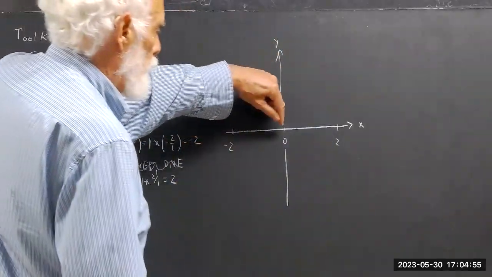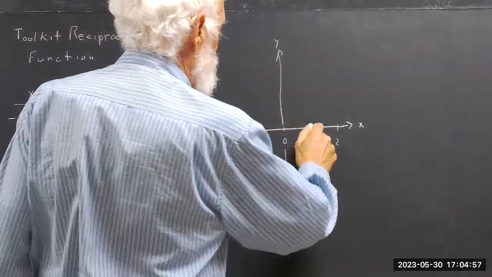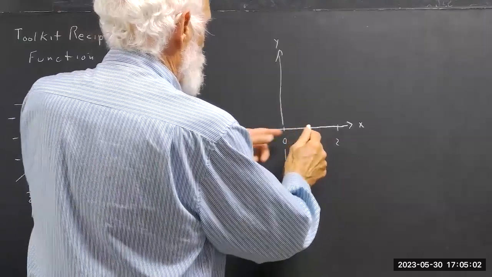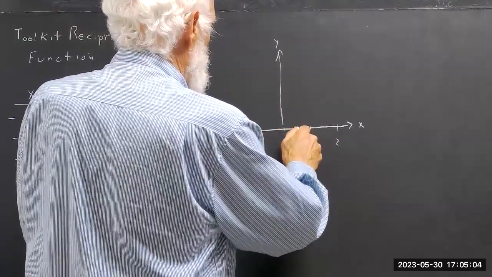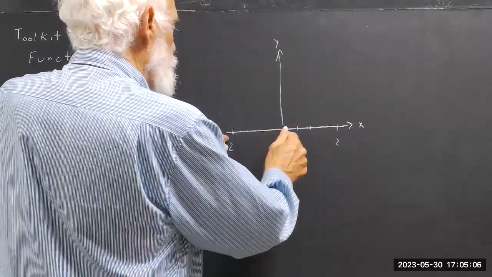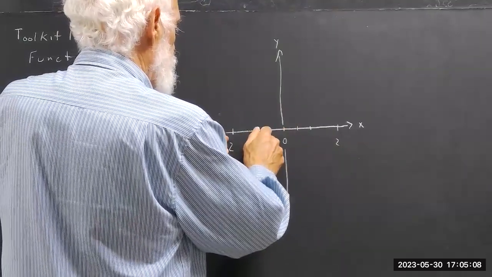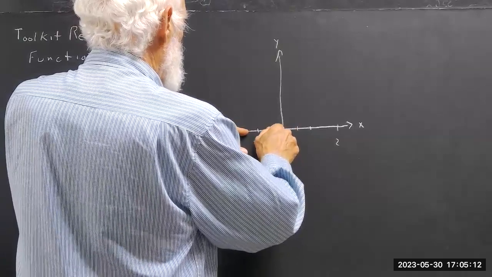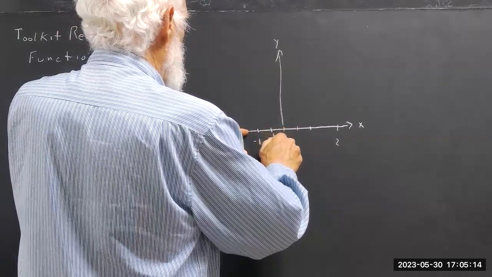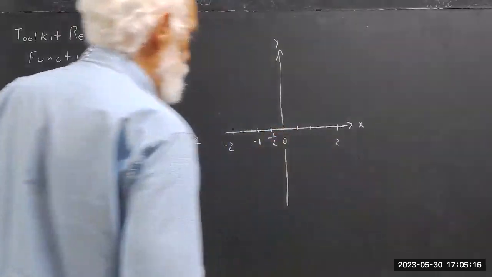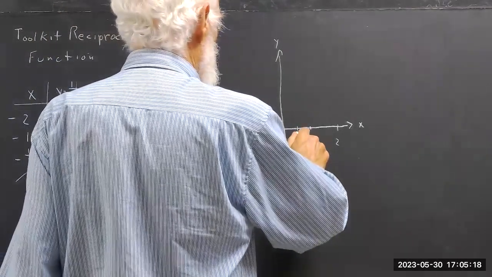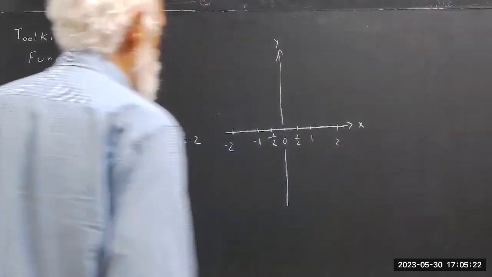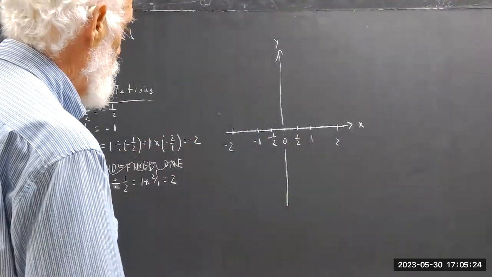And then we divide the interval from 0 to 2 in half, and we get 1. Divide the interval from 0 to 1 in half, and we get 1/2. Divide the interval from 0 to -2 in half, and we get -1. The interval from 0 to -1 in half, we get -1/2. And we can label these values, although some of them are going to get in our way.